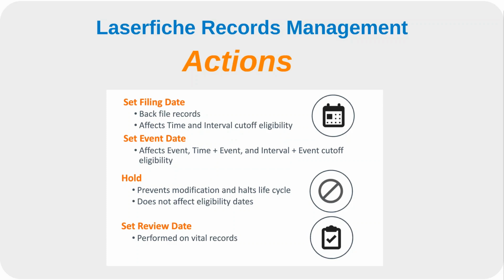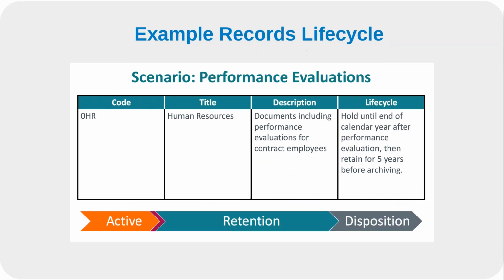If that's every 2 years or every 5 years or every 10 years, you'll need to set the next time that record needs to be reviewed so that it's in the records management plan. All right, so those are the records management actions: filing date, event date, hold, and review date.